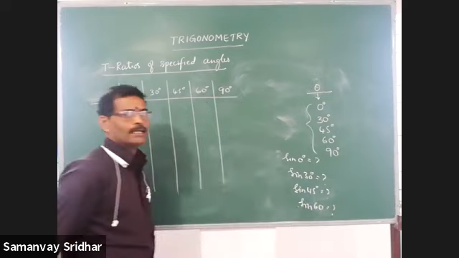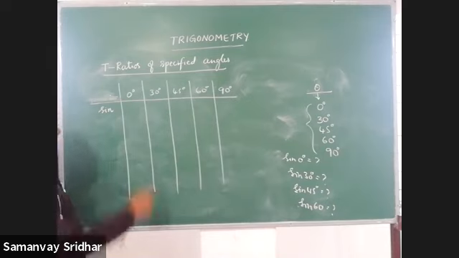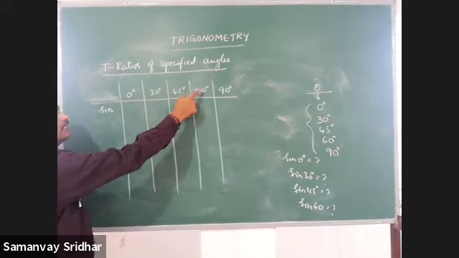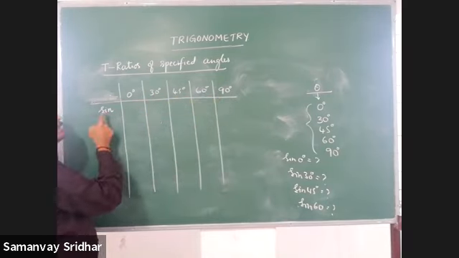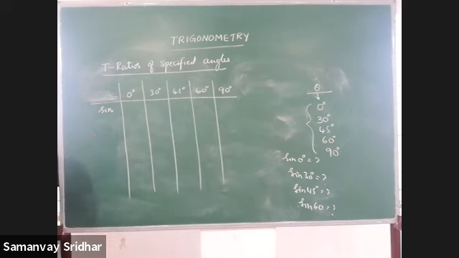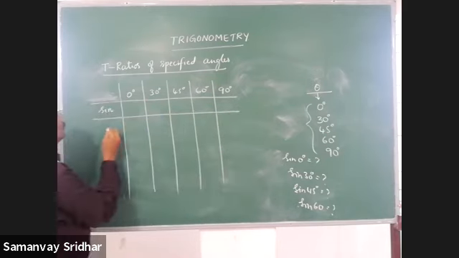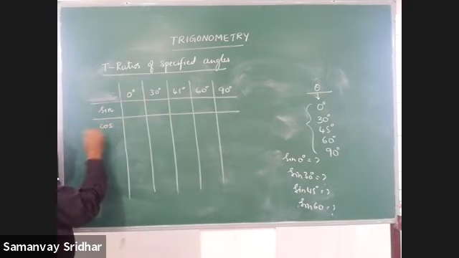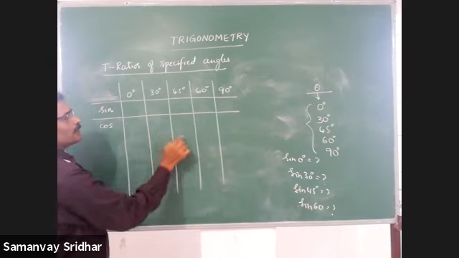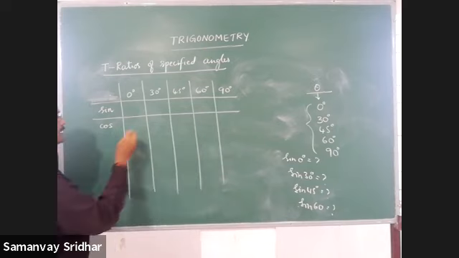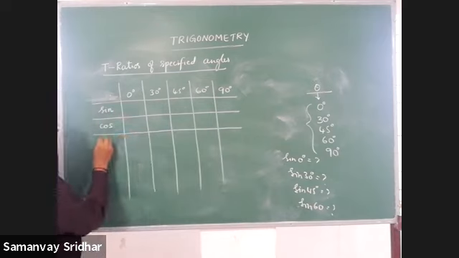What is sine 90? Okay, the values of 0, 30, 45, 60, 90 degrees with respect to the T ratio sine. Then, after writing this, you have to go for cos. What is the value of cos 0 degree, cos 30, cos 45, cos 60, cos 90? Then we have to go for tan.